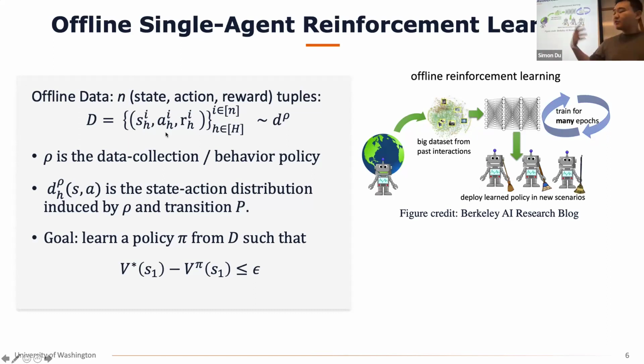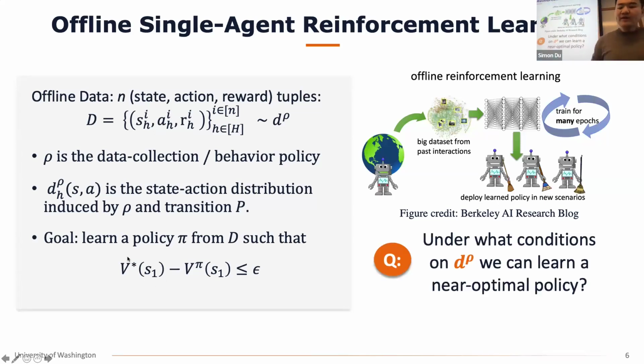Basically, we just sample from this distribution D rho, which depends on the policy and also the transition and the reward. The goal of offline reinforcement learning is to learn a policy from this data set such that it's near optimal. So we output the pi just from this data set such that V pi of S1 is close to the optimal policy.